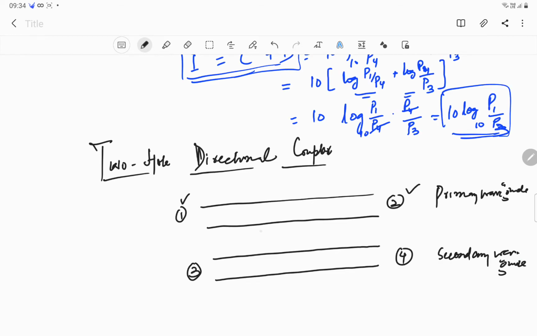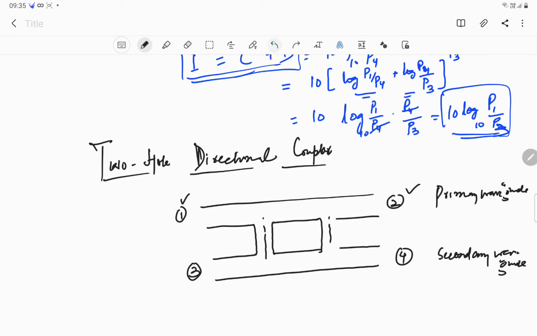So for a two-hole directional coupler, we make two holes, one here, another here, two holes both in the primary and secondary waveguides. So I connect to this thing like this. So now there are two holes, one here and another here.